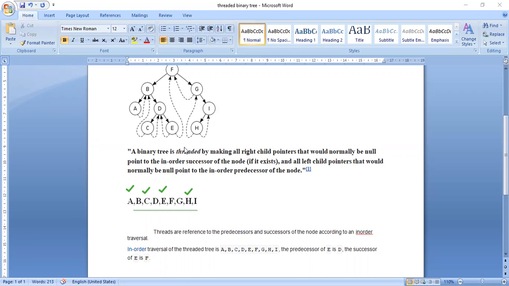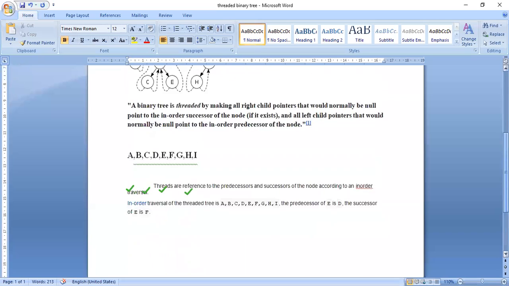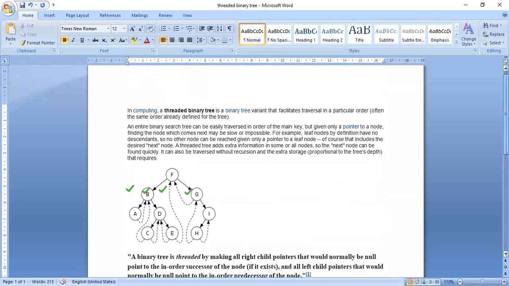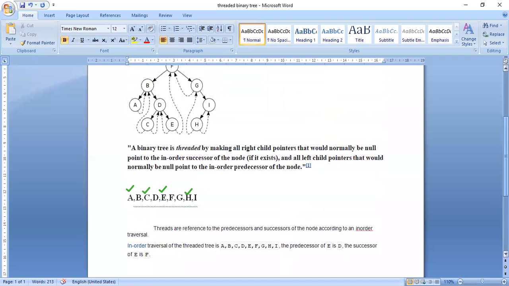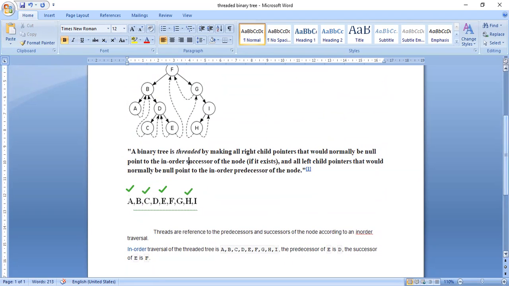For leaf nodes only, I change the null left and right address parts. That is the threaded binary tree.